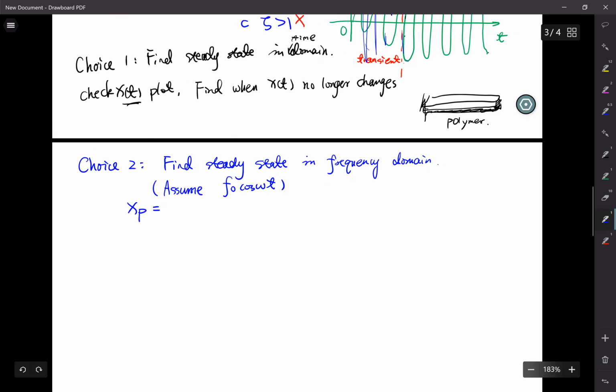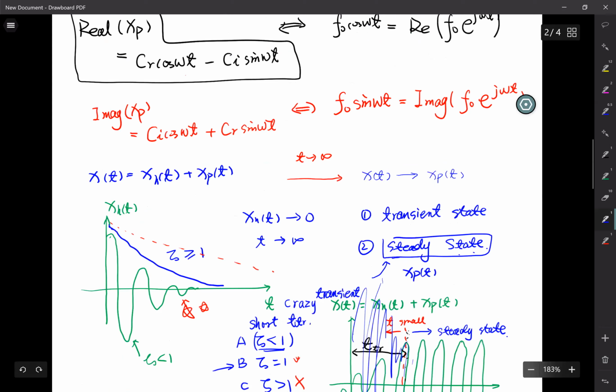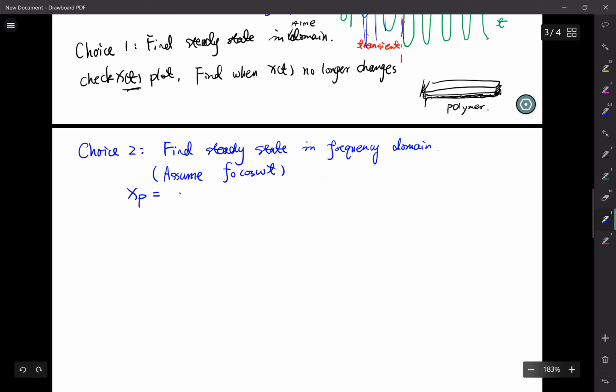Your x_p, the particular solution, is C_R cosine omega t minus C_I sine omega t. And what are C_R and C_I? They're just the real part and imaginary part of this complex C star.